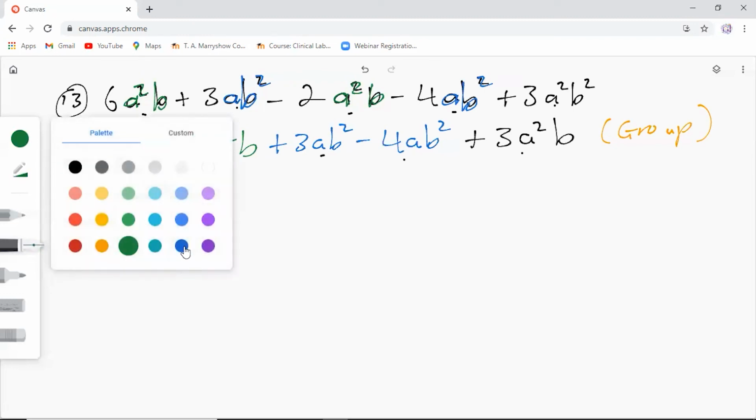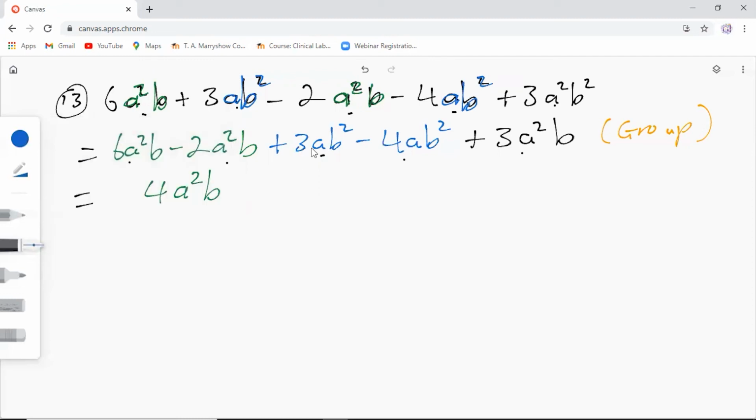Good. Then we have 3ab squared minus 4ab squared. Both of them are ab squared, so we bring down the ab squared, and 3 minus 4. The signs are different, so you subtract the 3 from the 4, you get 1, and then you keep the sign in front of the larger number, so you get minus 1 ab squared.